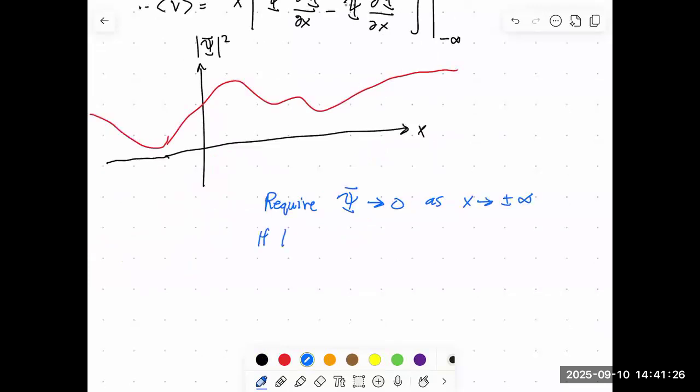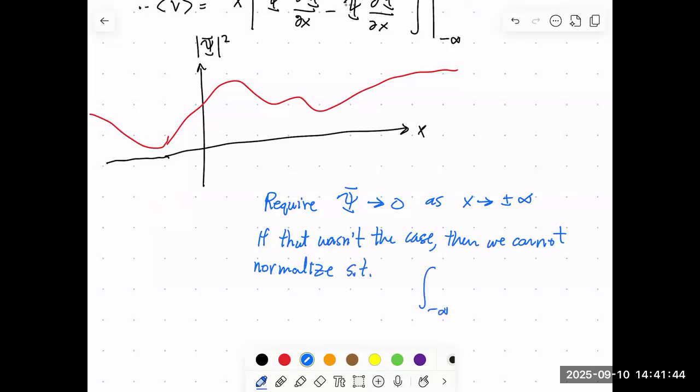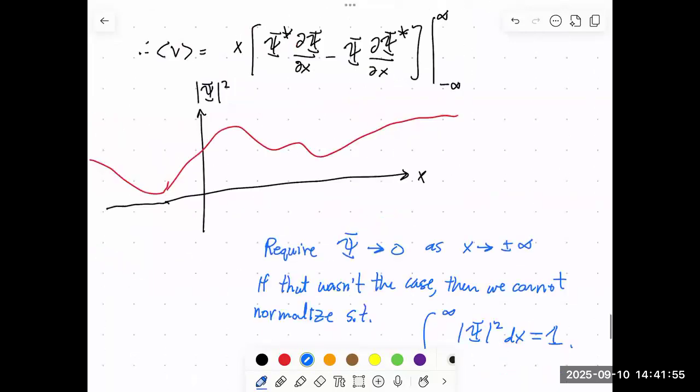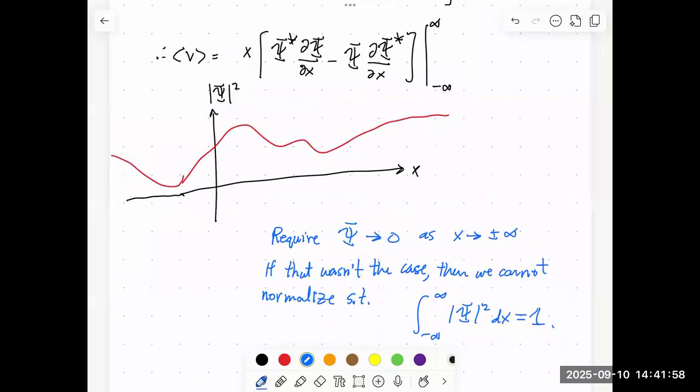If that wasn't the case, then we cannot normalize such that the integral from minus infinity to plus infinity of phi squared dx equals 1. All right. So if the wave function phi goes to 0 at plus minus infinity, so does its conjugate. And so all of this is just going to go to 0.